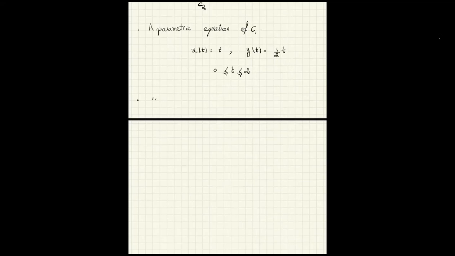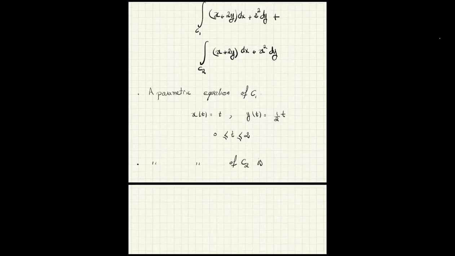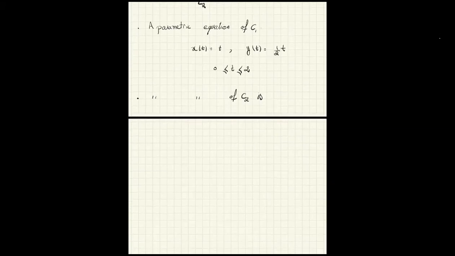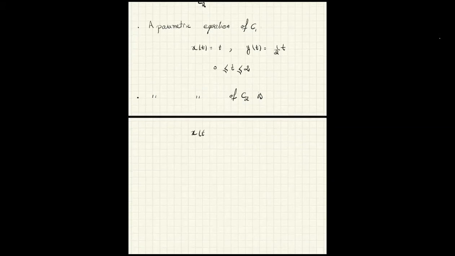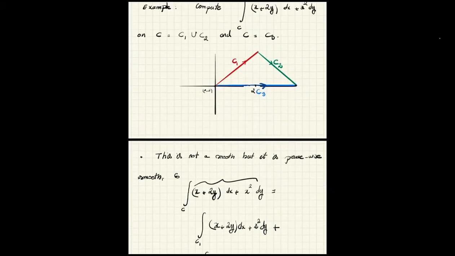And then the same thing for C2: x(t) is equal to t, y(t) is equal to 3 minus t, and t is between 2 and 3. So this is 3 and this is 1.